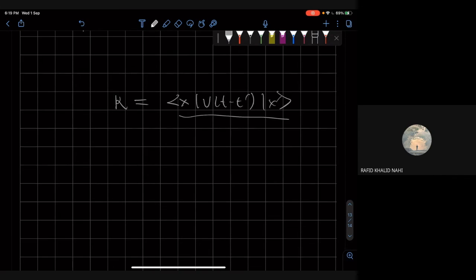Also use the fact that we want the propagator to be 0 when t is less than t prime. Essentially what I'm saying is that disturbances should not propagate backward in time.